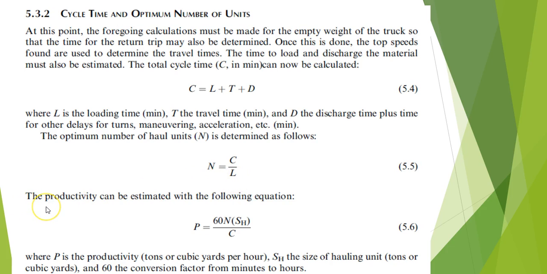And when you have N, then you can estimate the productivity, where productivity, P, is in tons or cubic yards per hour. And SH is the size of the hauling unit. Again, it might be tons or cubic yards. And 60 is a conversion factor, but you see you'll be able to get the productivity as a function of the number of hauling units and the cycle time. That makes a lot of sense, and it's straightforward.